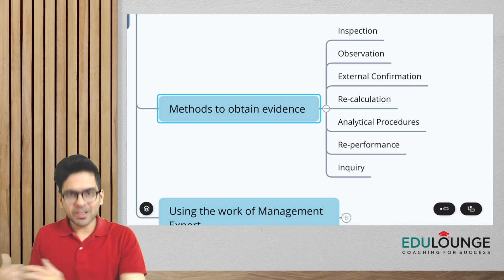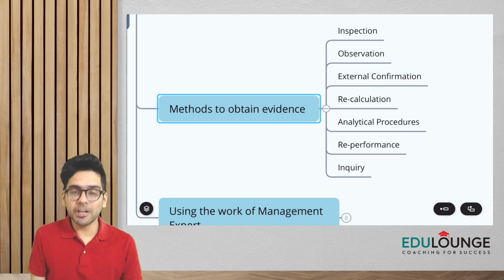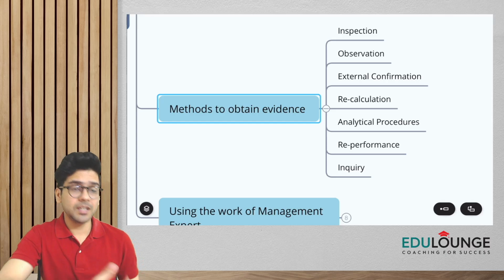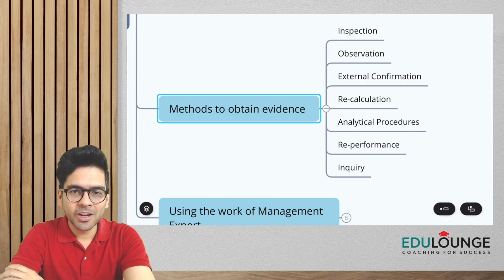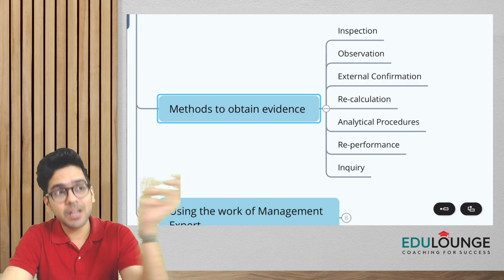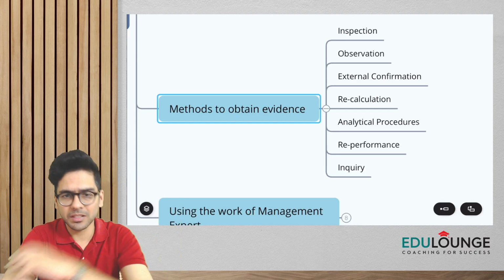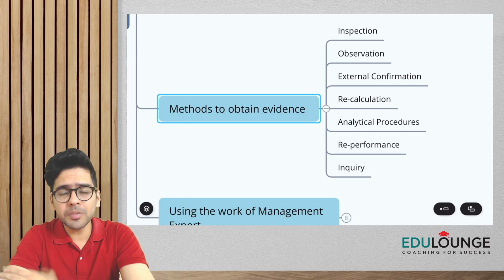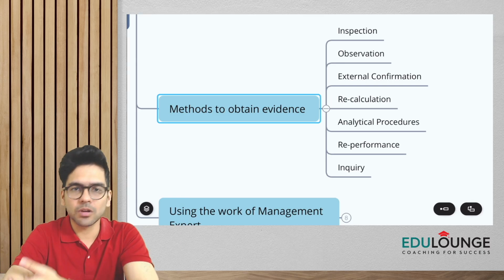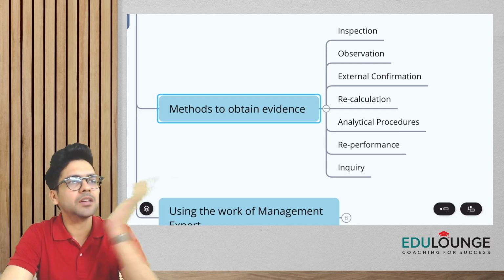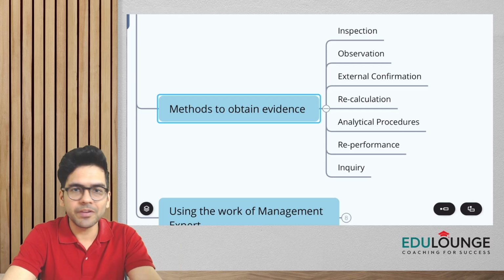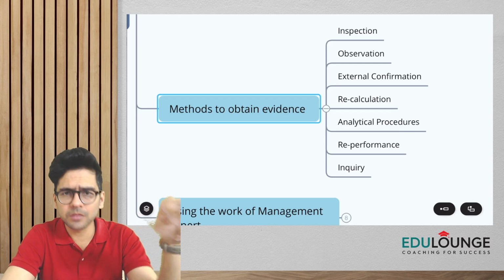Analytical procedure, again, we have a standard on this, which is SA 520. Analytical procedure is basically the intelligent auditing that we do, wherein we calculate the ratios, we compare the ratios of the current year with that of the previous year. It can include comparisons, it could include relationships, etc. And re-performance is doing something which management has already done. Let's say management says, yeah, sir, we did a physical verification of inventory yesterday only, but you would want to do it again, so it's a re-performance.